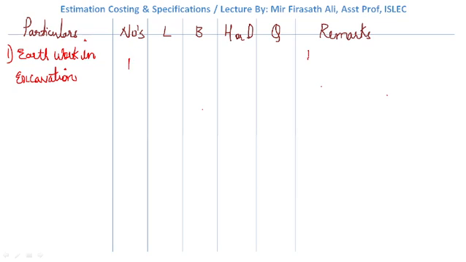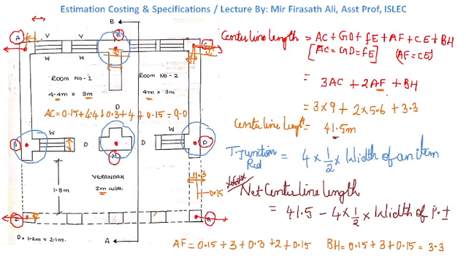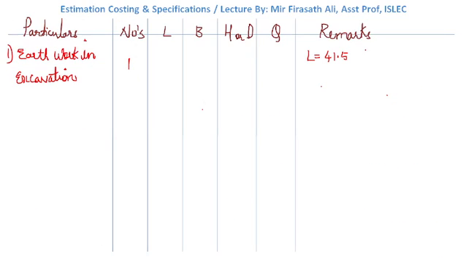How to get length? What is our length formula? Length is equal to 41.5 minus 4 into 1 by 2 into width. Whose width? Here we are talking about excavation, so the width of excavation.